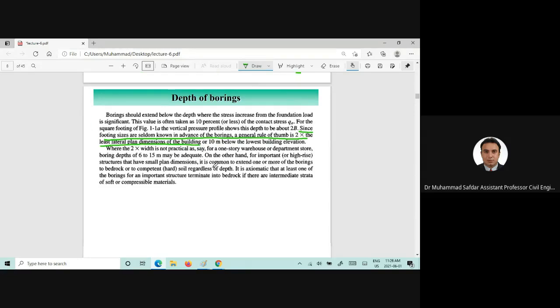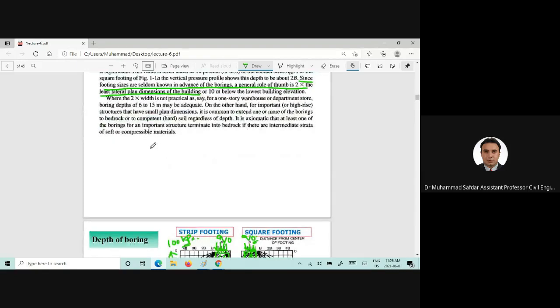What does it mean? For example, if we are given a plan view of 100 feet and 30 feet, we need to do boring till 2 times that least lateral dimension, and the least lateral dimension is 30 feet, so we need to go till 60 feet.